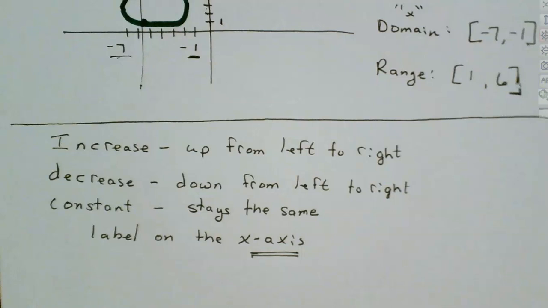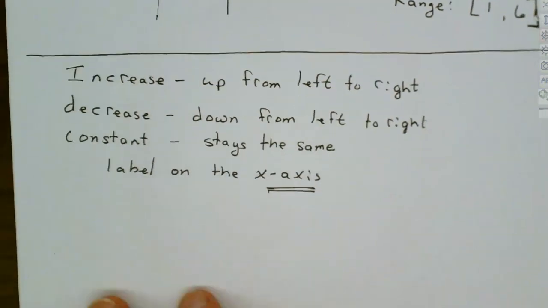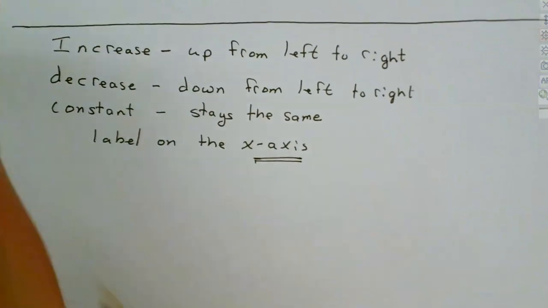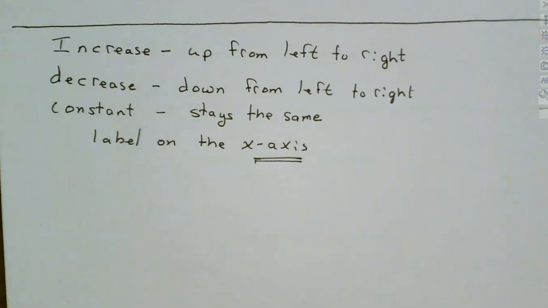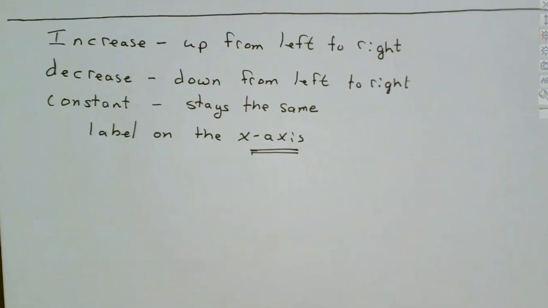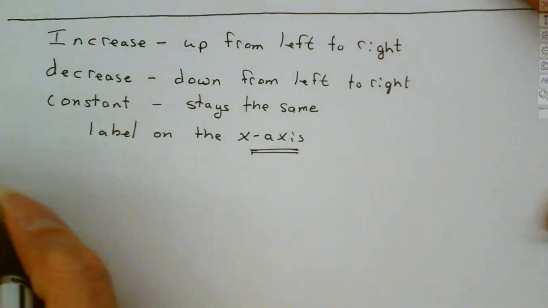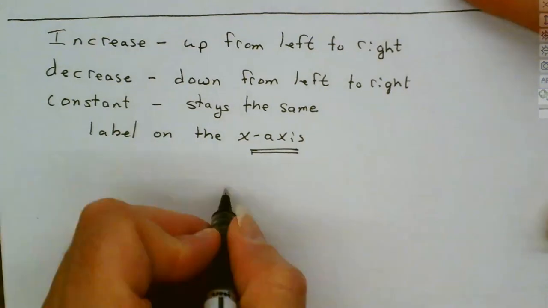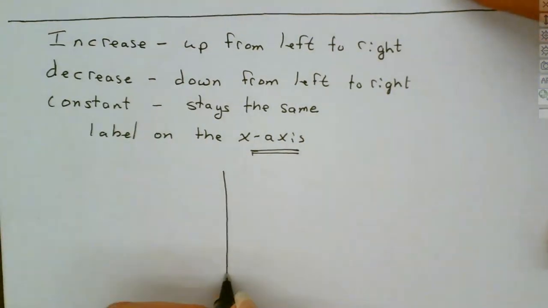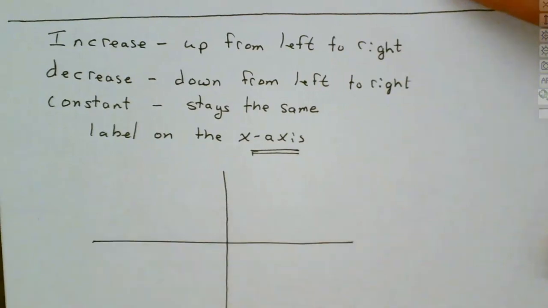So I'm going to give you some graphs. We'll probably do 2 of these, and we're going to label where it's increasing, where it decreases if it does, and where it remains constant if it does.